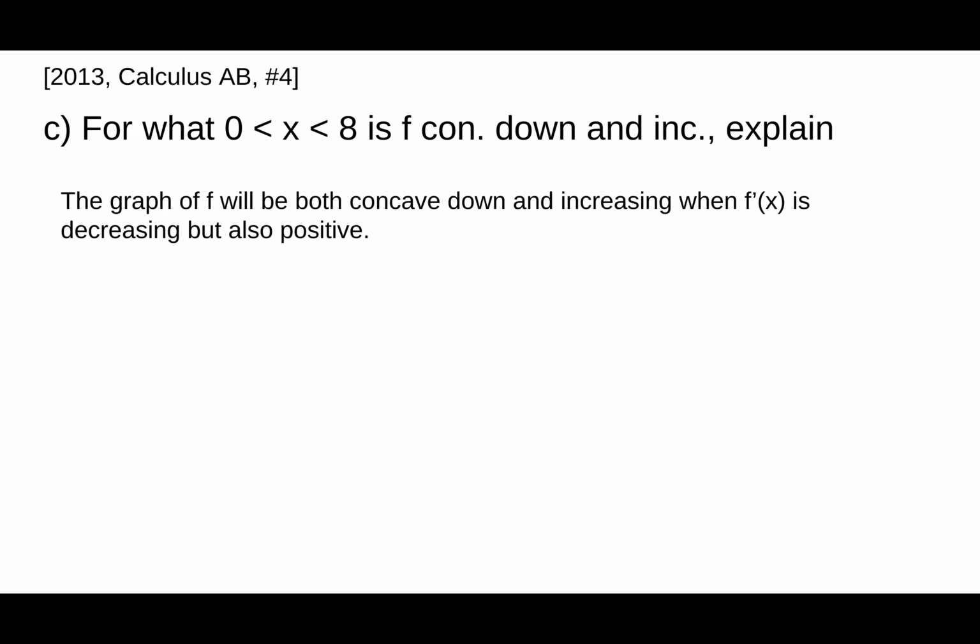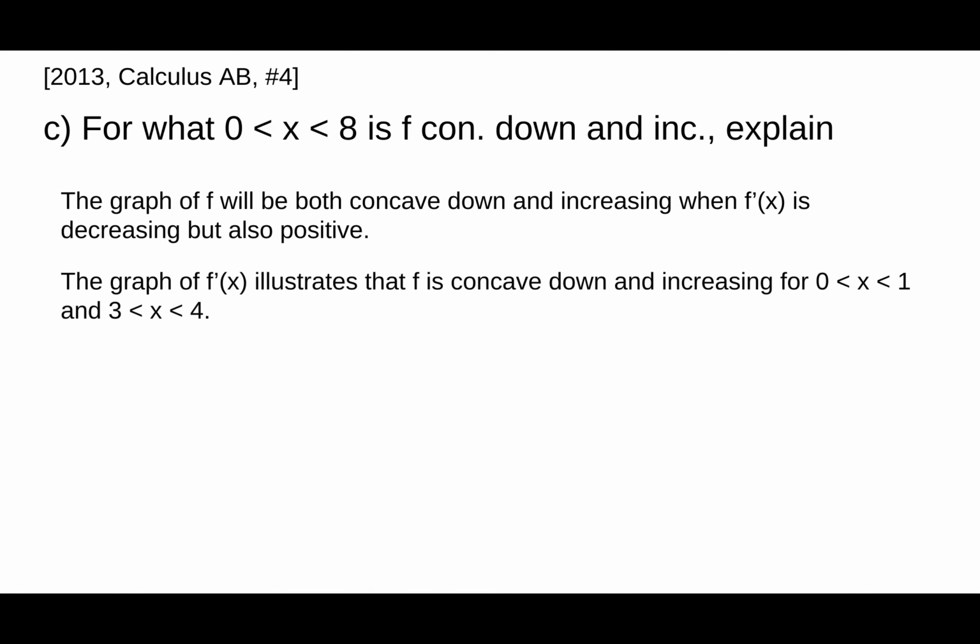Right? If f prime of x is decreasing, we know that the second derivative is going to be negative, right? So it'll be concave down. But if f prime of x is positive, we also know that f will be increasing since the derivative is still positive. Right? So all we have to do is figure out where both of those things are true.